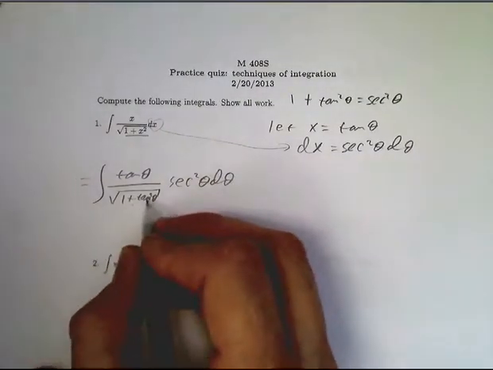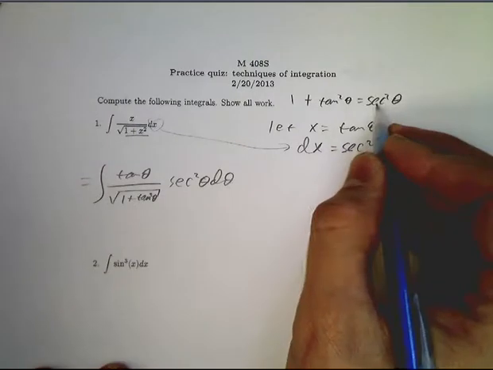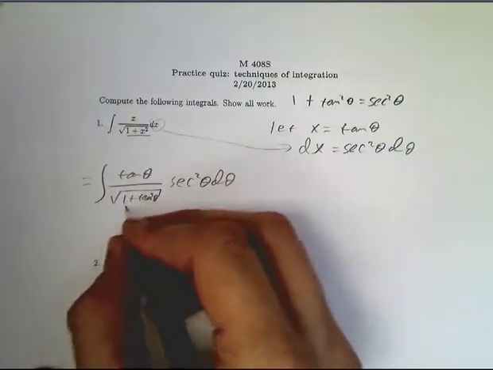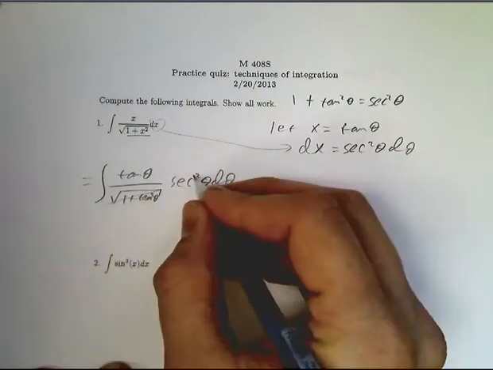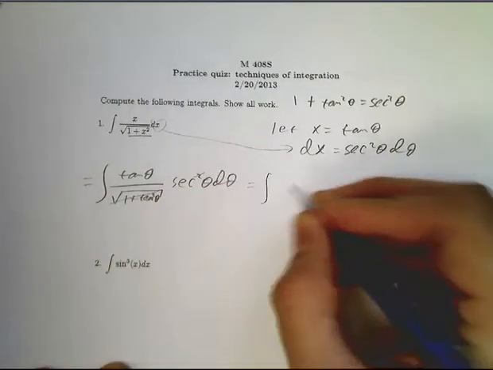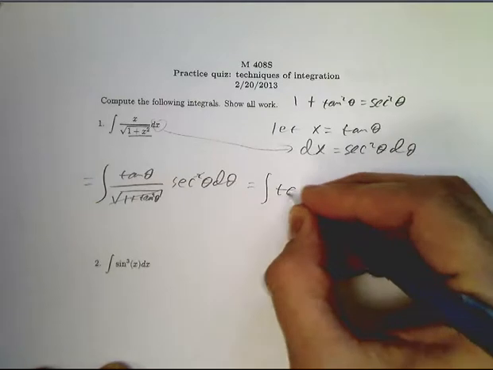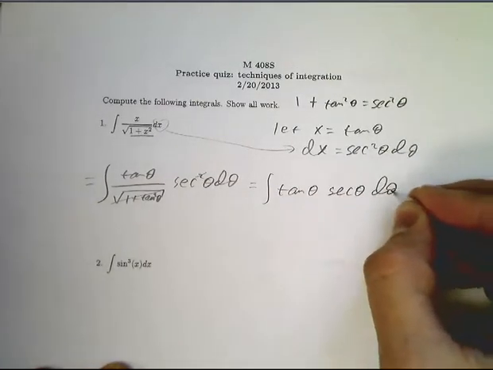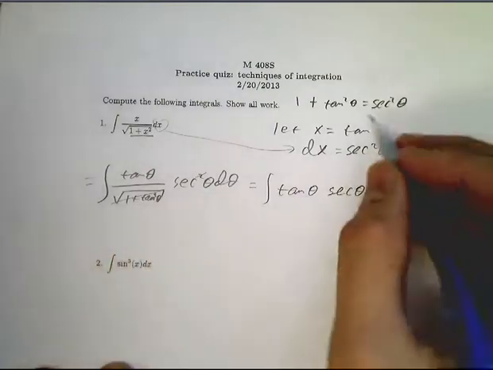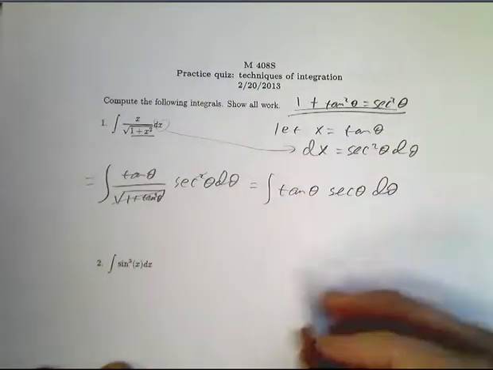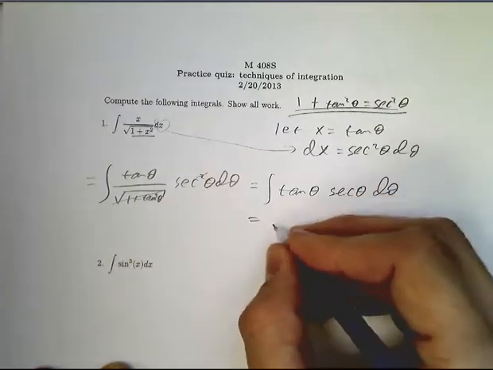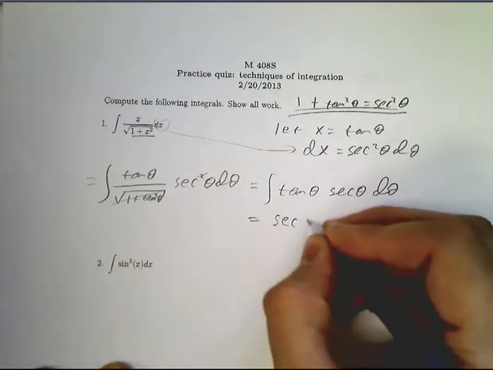Okay, 1 plus tangent squared turns into secant squared. Square root of secant squared is just secant on the right domain. I use this identity. I recognize that as the antiderivative of secant.